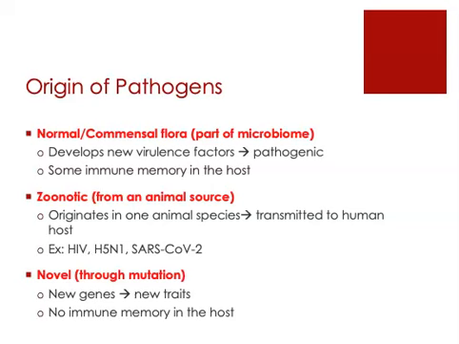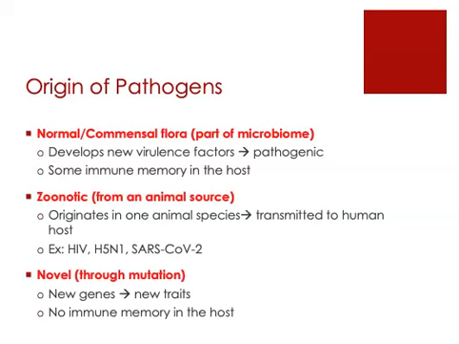So any pathogen that we can trace back to a different animal source is said to be a zoonotic pathogen. Good examples of zoonotic pathogens are the virus that causes AIDS, the influenza virus that is known as the bird flu, that's H5N1, and of course our current pandemic coronavirus, SARS-CoV-2.